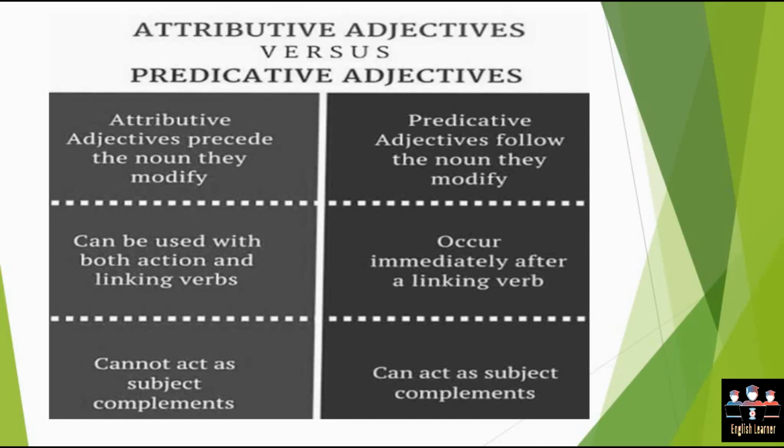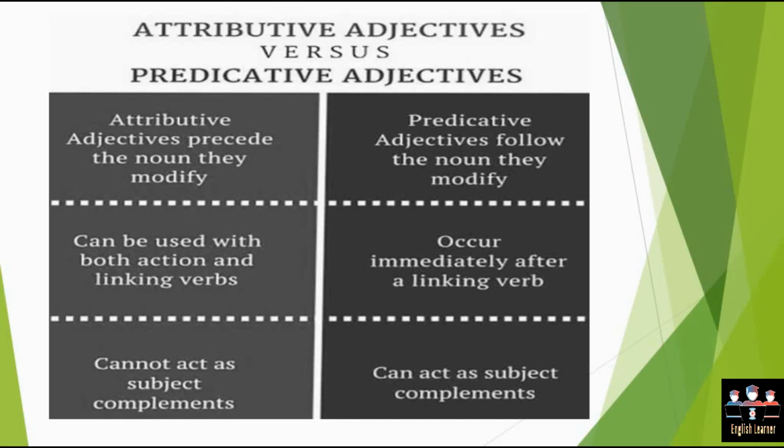Number 2 is can be used with both action and linking verbs. Means that predicative adjective can be used with linking as well as the action verb. Action verbs are the main verbs, whereas the linking verbs are the verbs which are going to link the subject with the predicate portion of a sentence.